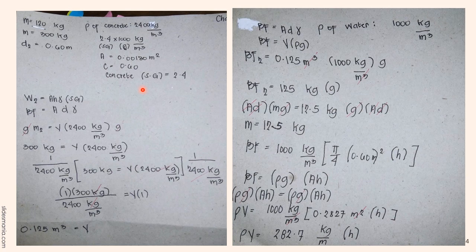The constant A is 0.0012 square meters, and C is 0.60. The concrete has 2.4 specific gravity.